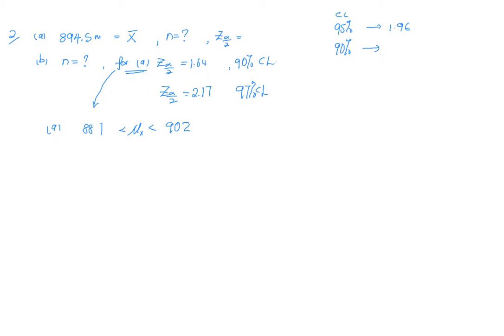So according to our formula, that's why the formula is important, it will be 894.5 plus Z alpha over 2 times by.